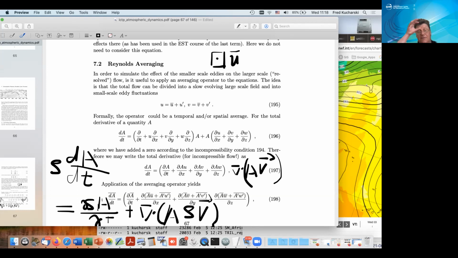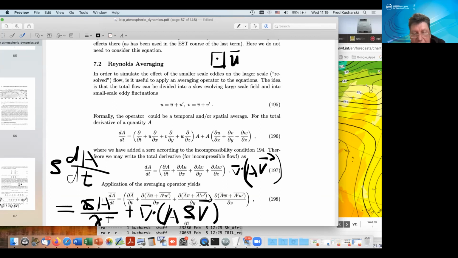But as we can immediately see, this is the more generic form. If density is constant, we can simply take it out of the differentials and divide by rho, and then we get back to our form here. But this would be the exact flux form.